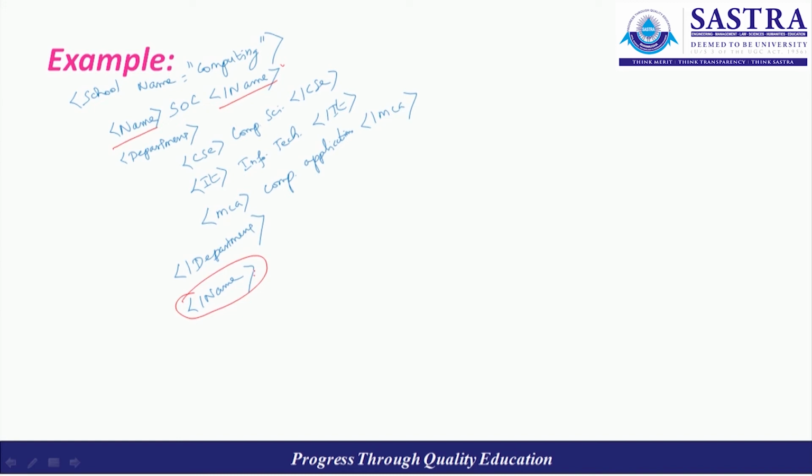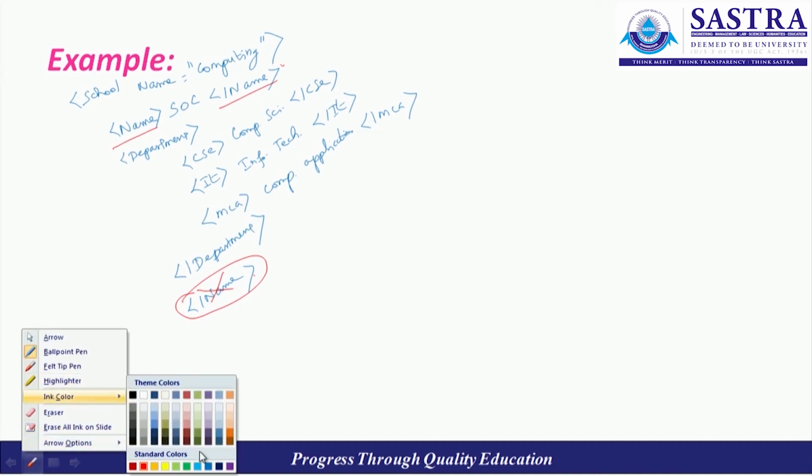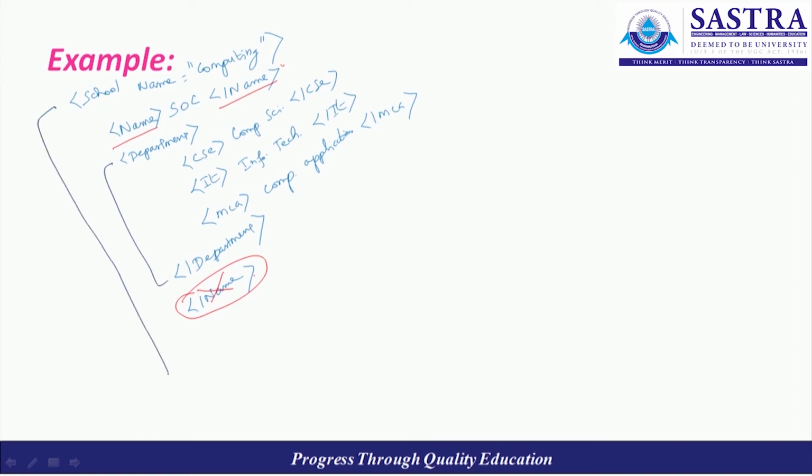According to the context, I would like to remove this one. Then all these elements are properly nested. Department has been taken properly, name, then I would like to close school, /school.